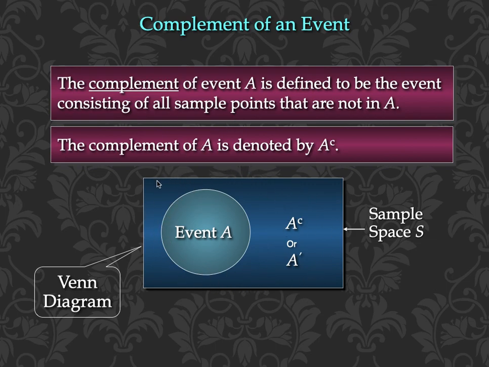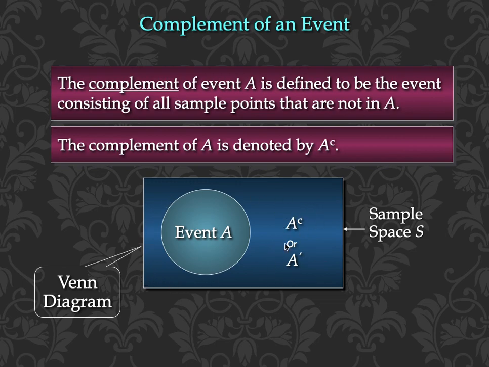The rectangular box that we have here represents our sample space, which we will denote as S. We will take this circle inside the rectangular box as our event A. When you talk of the complement of event A, we are referring to all of the elements inside the box that are not contained in the circle, our event A. That means it will be the blue region.